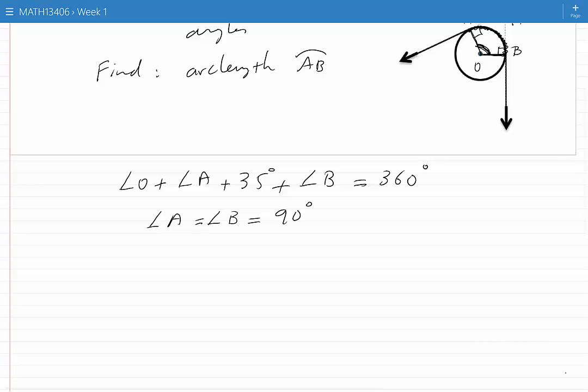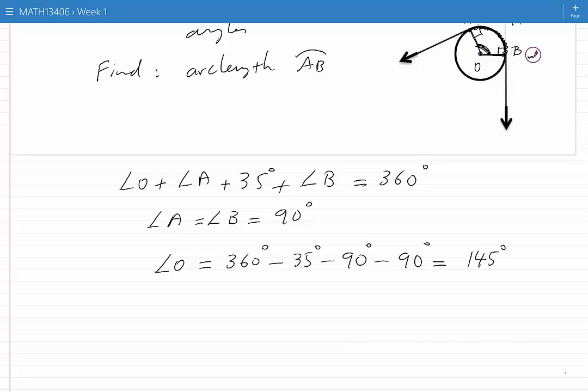Therefore, angle O is equal to 360 degrees minus 35 degrees minus 90 degrees minus 90 degrees. This is equal to 145 degrees.